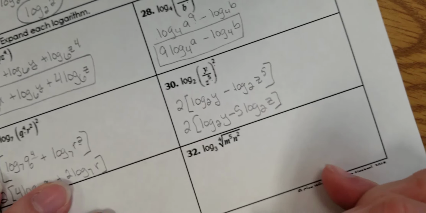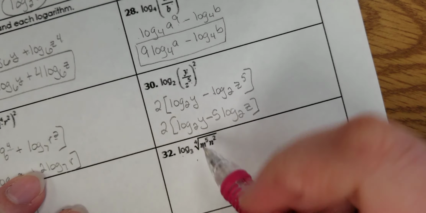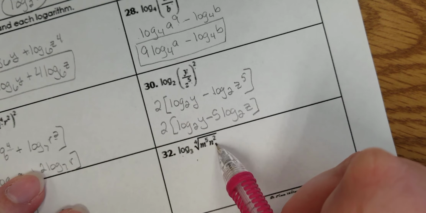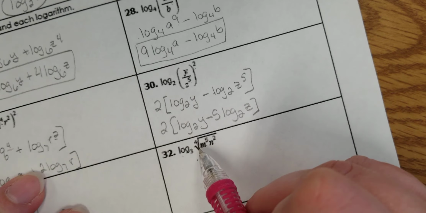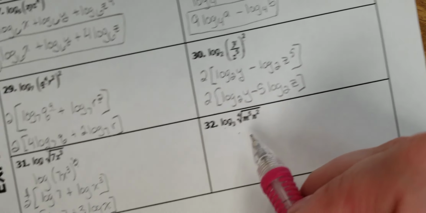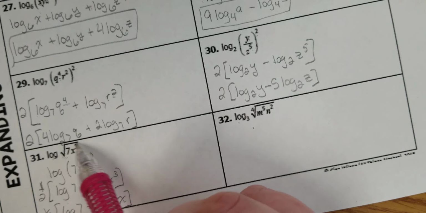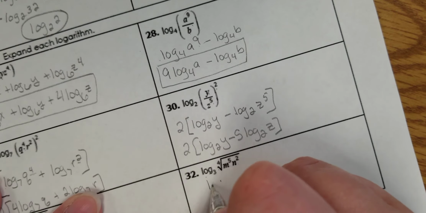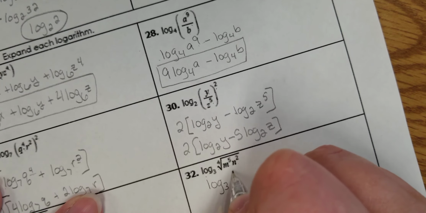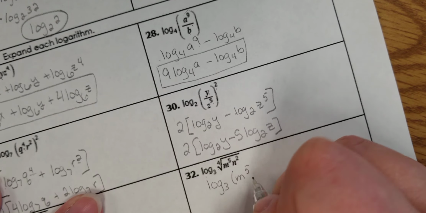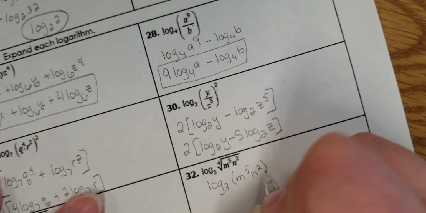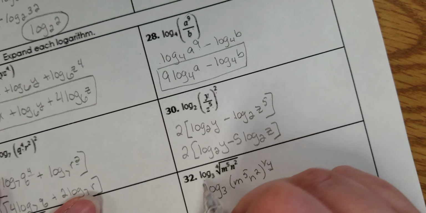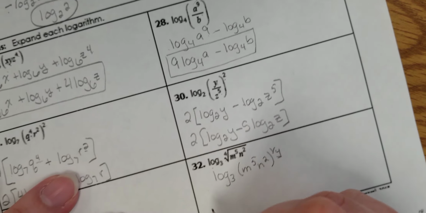And now for 32, we have log base 3 of the 4th root of m to the 5th n squared. So we're going to change the 4th root into a fraction just like we did over here. If the square root is 1/2, the 4th root is 1/4. So we have log base 3 of m to the 5th n squared to the 1/4 power. And now this 1/4 becomes our coefficient in the next line.